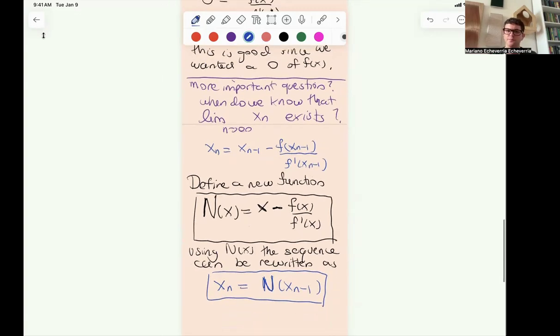Is that making sense? And that is the same sequence as the one that we had before.